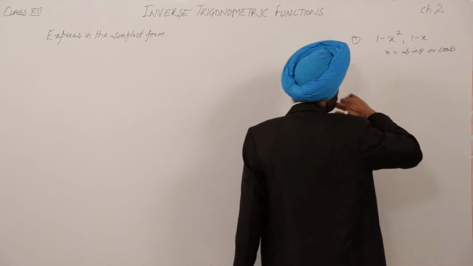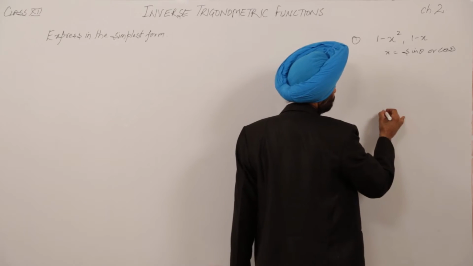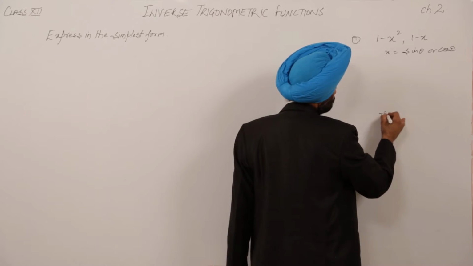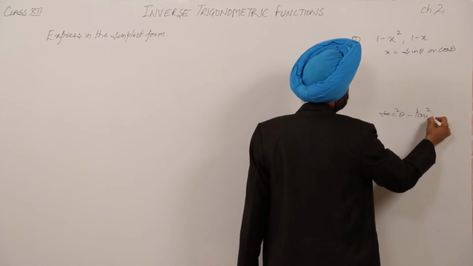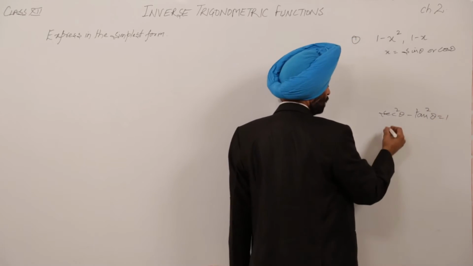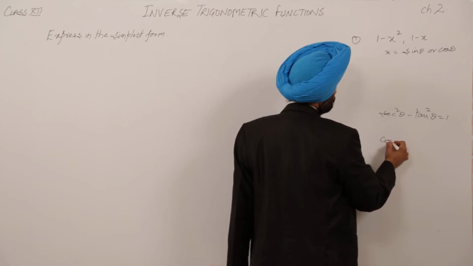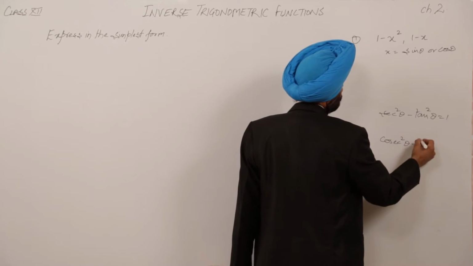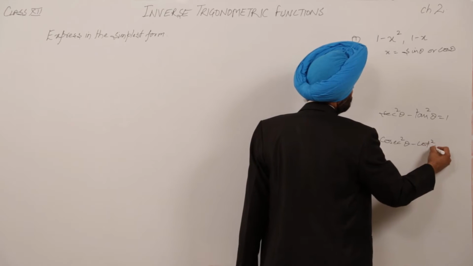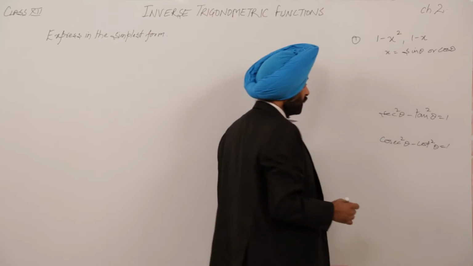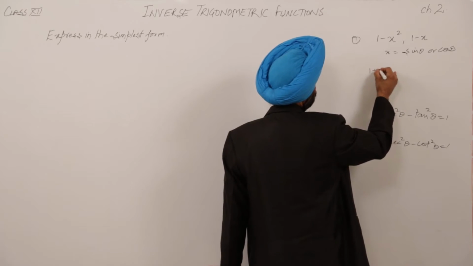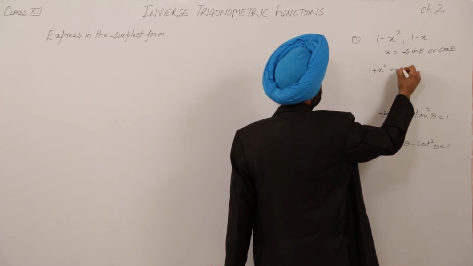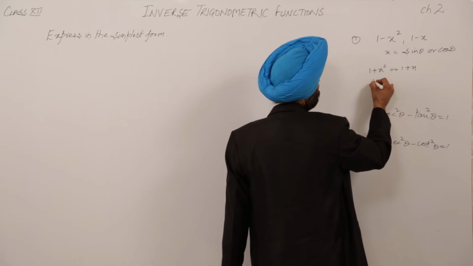Then from the second identity, secant square theta minus tan square theta is equal to 1, and then we have cosecant square theta minus cot square theta is equal to 1. Now for 1 plus x square or 1 plus x, what are we going to put here?